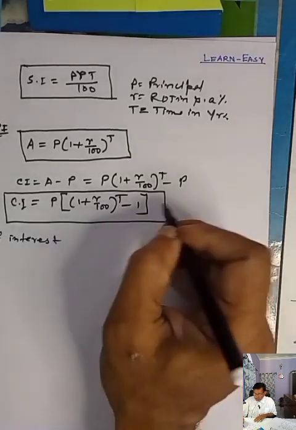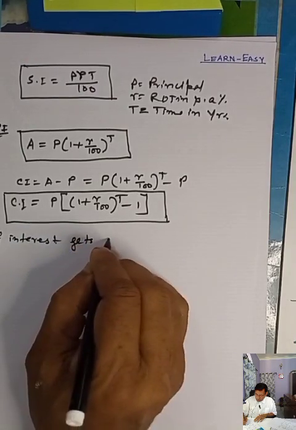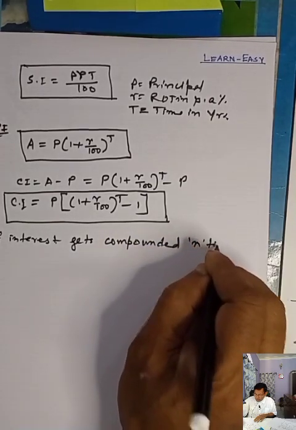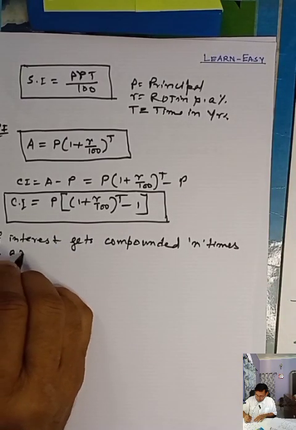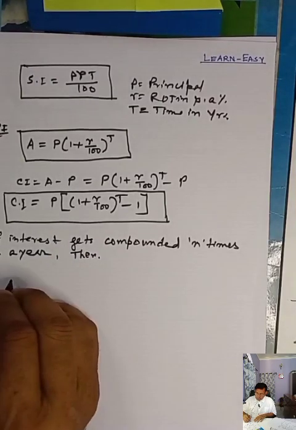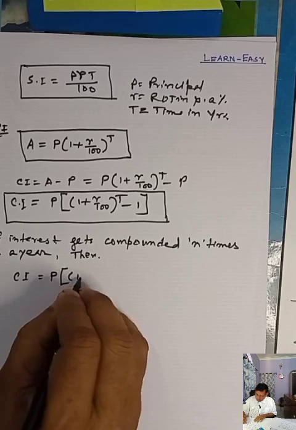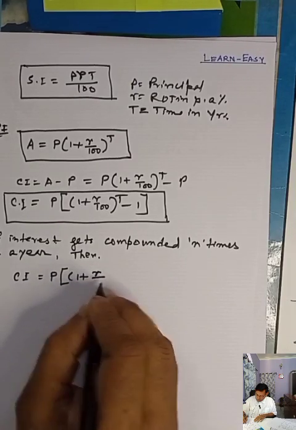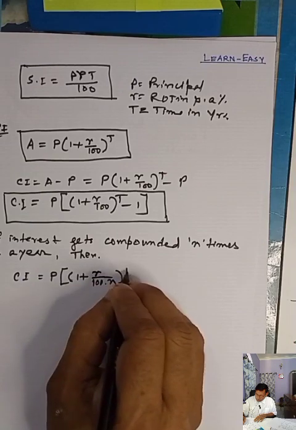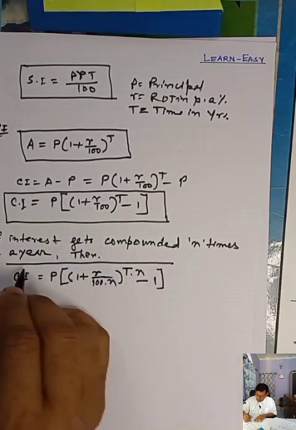In this case interest is compounded annually, but if interest gets compounded n times in a year, then CI will be P into 1 plus R divided by 100 into n, to the power T into n, minus 1. This is a useful formula.